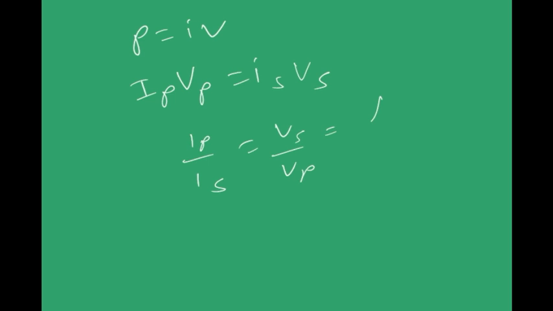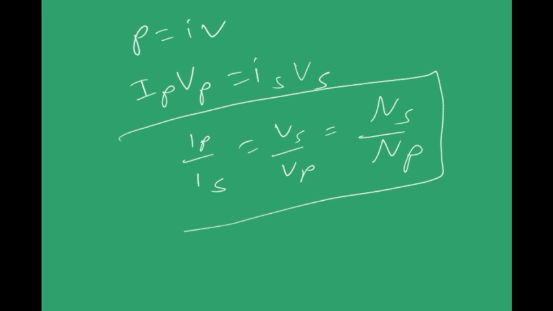Let's assume it is 100% efficient, and so the primary current into the primary voltage should be equal to secondary current and secondary voltage. So what can I get from this? Ip by Is should be equal to Vs by Vp, which is in turn equal to Ns by Np.